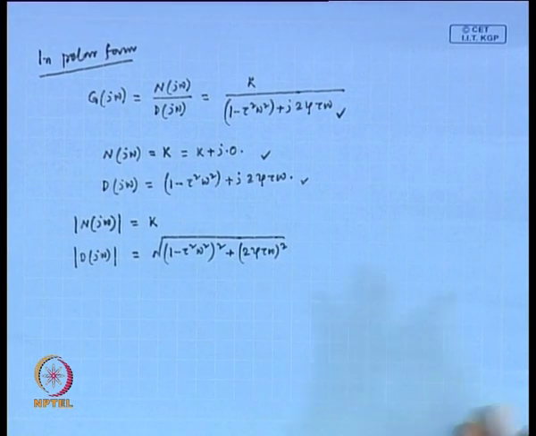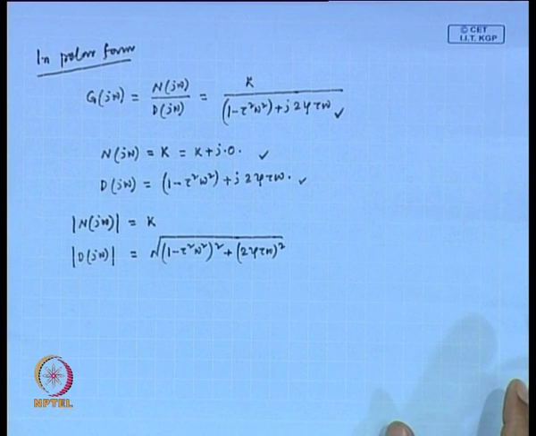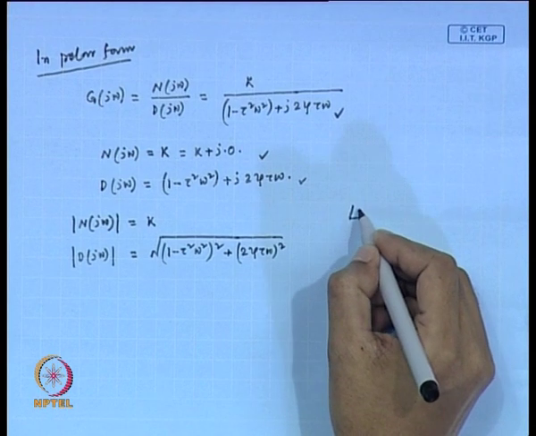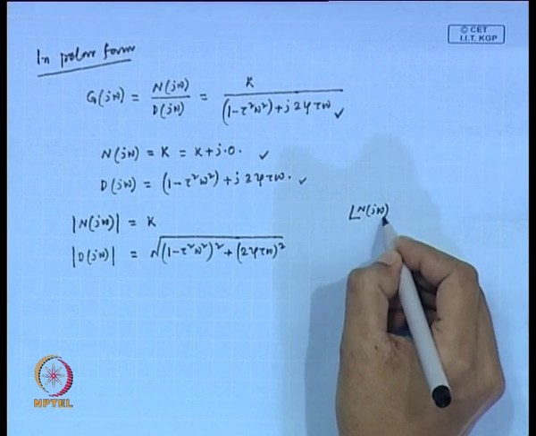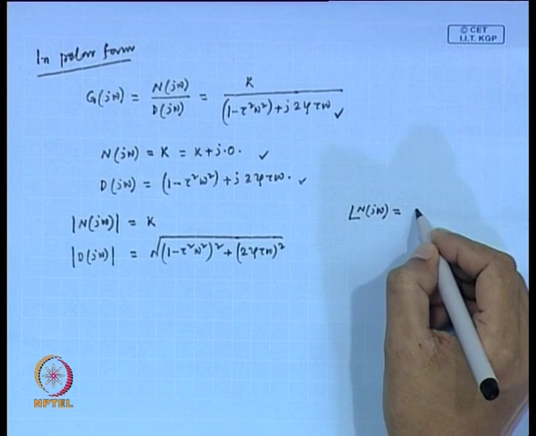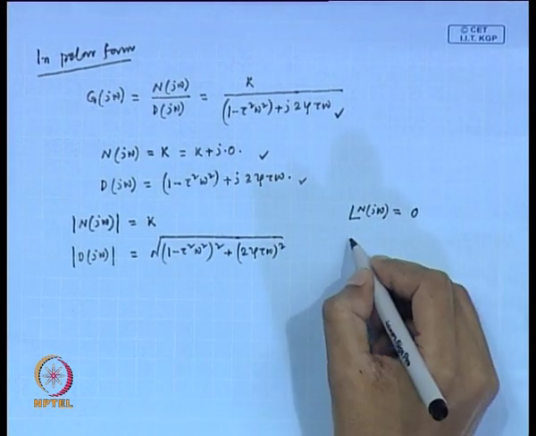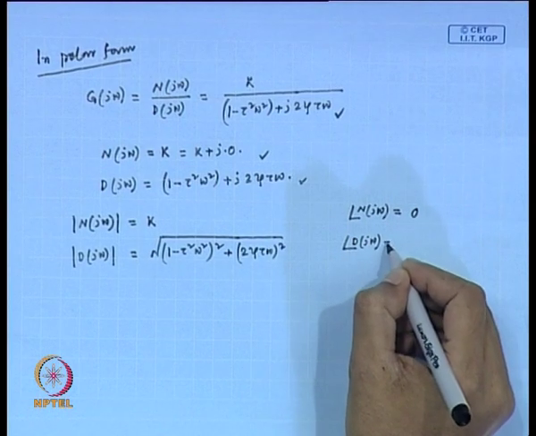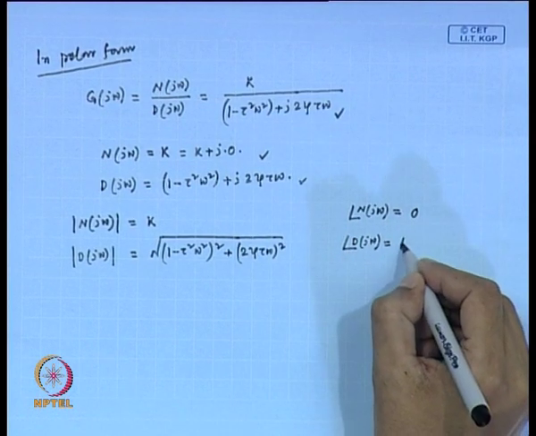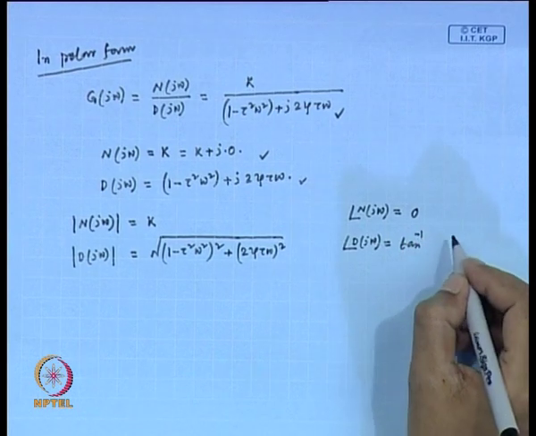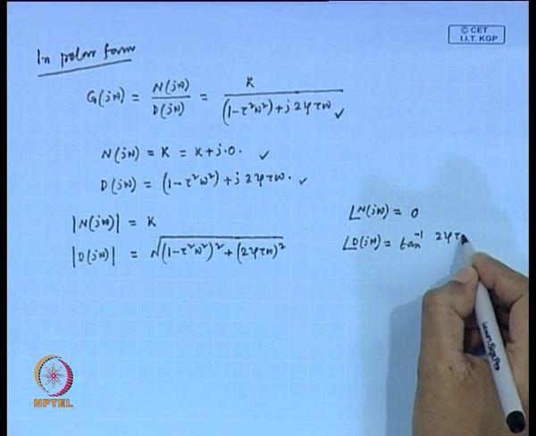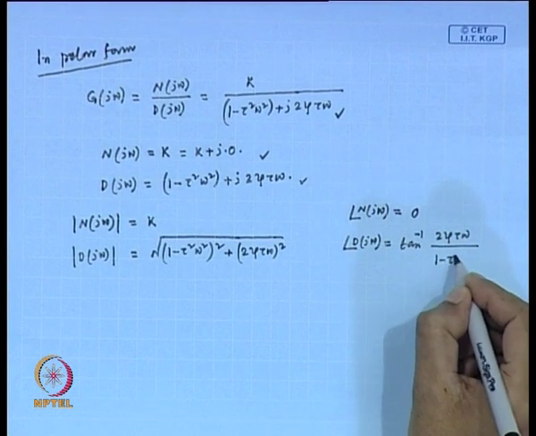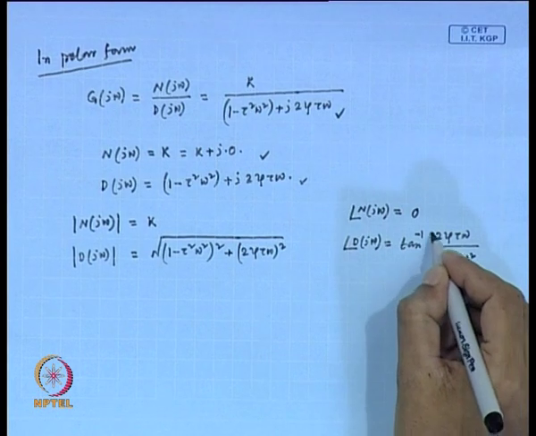This is the magnitude of denominator. Now, what is the argument of this numerator? 0. What is the argument of this denominator? Tan inverse 2 zeta tau omega divided by 1 minus tau square omega square.